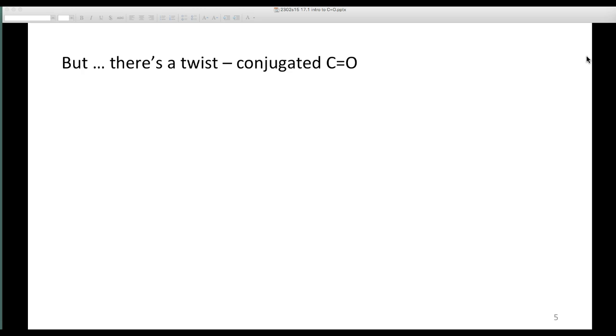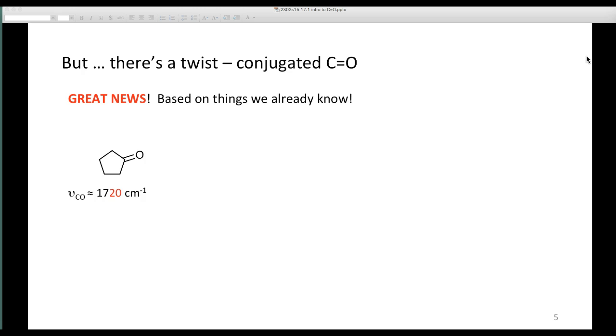So as soon as I say that, then I say, yeah, but. There is a twist, I will admit it. Conjugated carbonyls are a little bit different. Having said that, though, the good news is we already learned all this stuff. You already know this stuff. So back in the IR chapter, we looked at the ketone CO, that big, honking, strong CO double bond stretch at 1720.